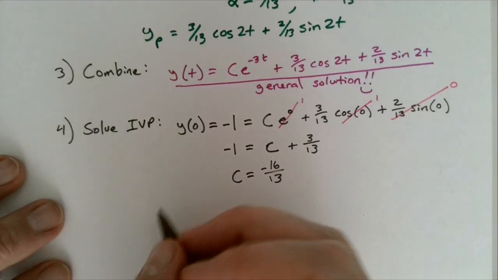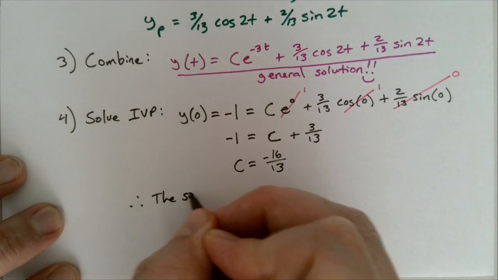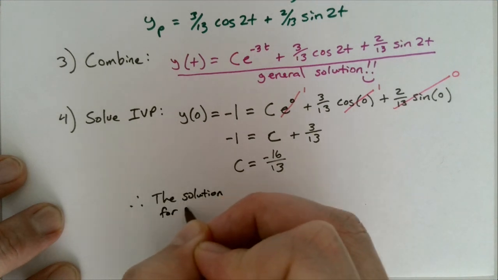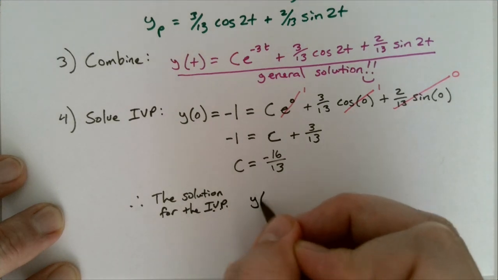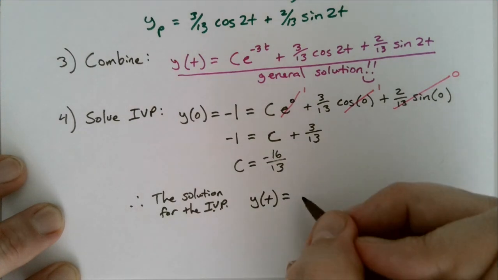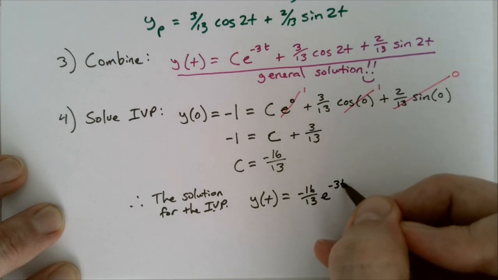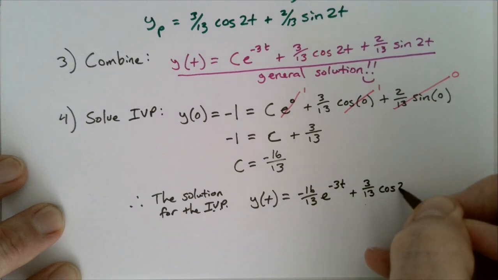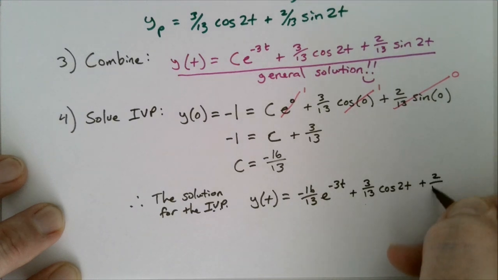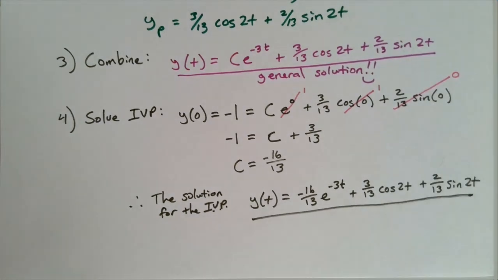And that means, at the end, the solution for the IVP is y of t equals our constant, -16/13 times e to the -3t, plus 3/13 cosine 2t plus 2/13 sine 2t. And that, my friends, is the particular solution for this initial value problem.